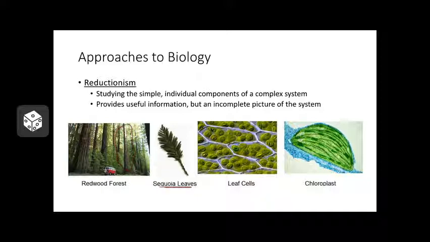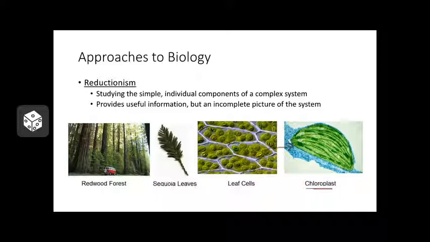We could even go inside the leaf and look at the leaf cells, individual cells, and see how those work and how they interact with their neighbors. And we could take that a step further. We could go inside that leaf cell and reduce it to its organelles, such as the chloroplast. And we could see how this individual organelle works and how it interacts with other organelles.